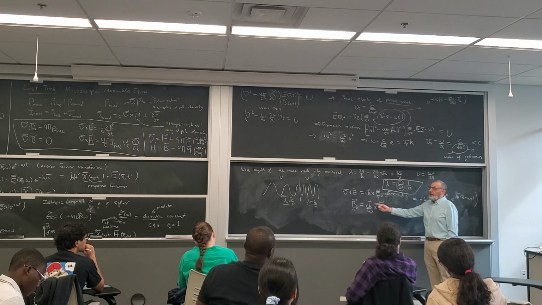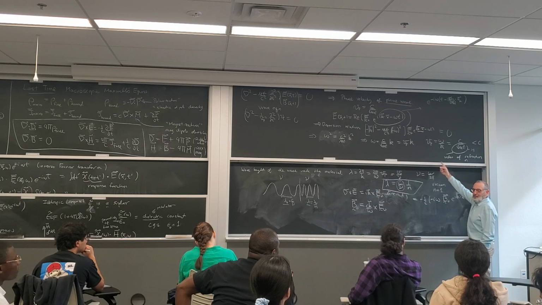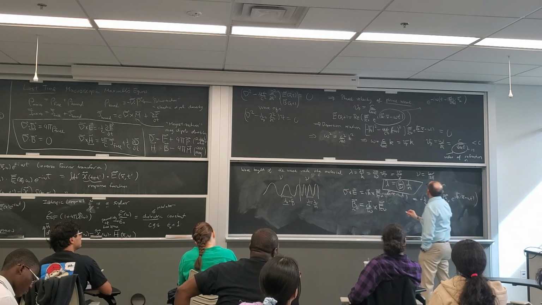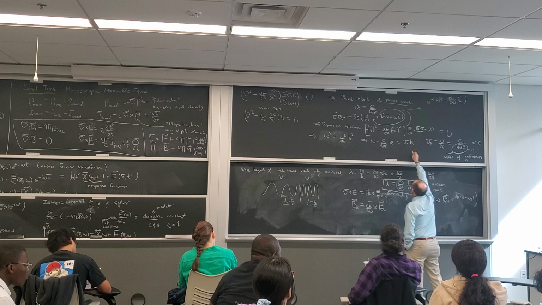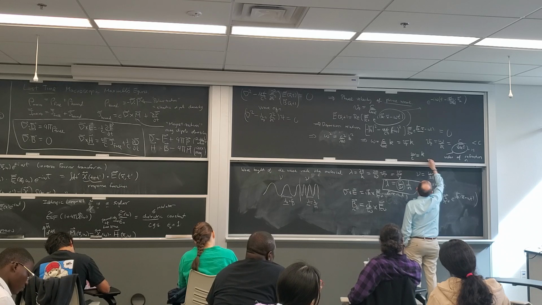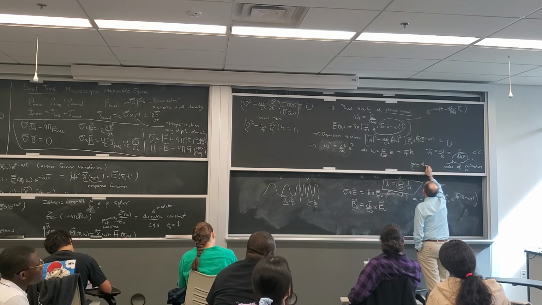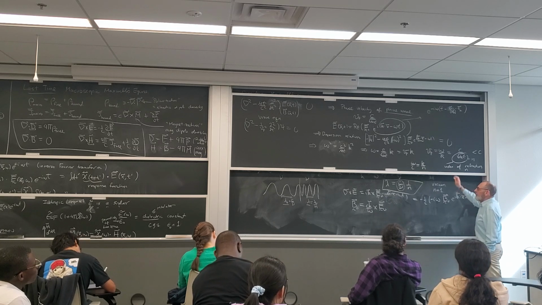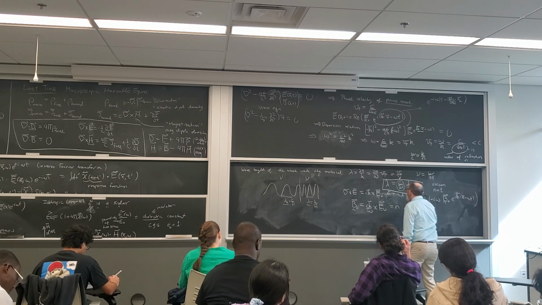You have to be a little bit careful because we're not in vacuum anymore, we're in a medium, so we have a dispersion relation over here, which says that omega over c is equal to k over the index of refraction.